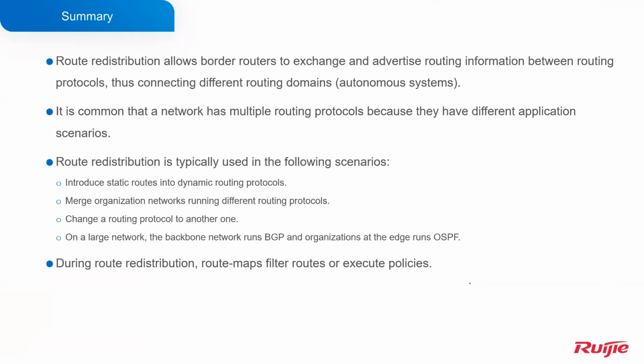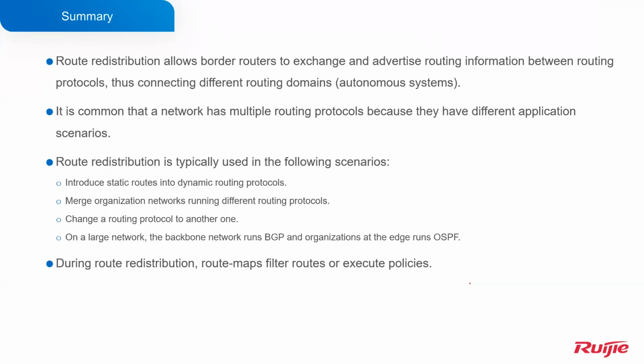About this part, let's make a summary. The route redistribution allows routers to exchange and advertise route information between routing protocols, thus connecting different routing domains. It's common that a network has multiple routing protocols because they have different application scales and rules. And the route redistribution is typically used in the following scenarios, which we have mentioned in this course.